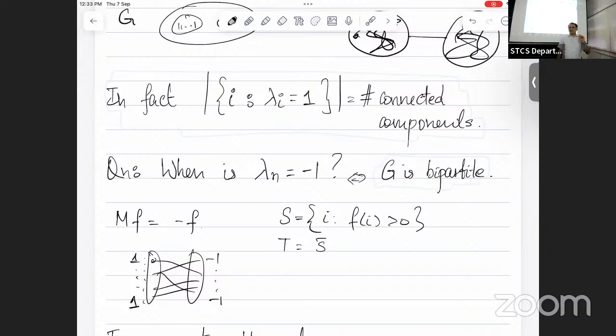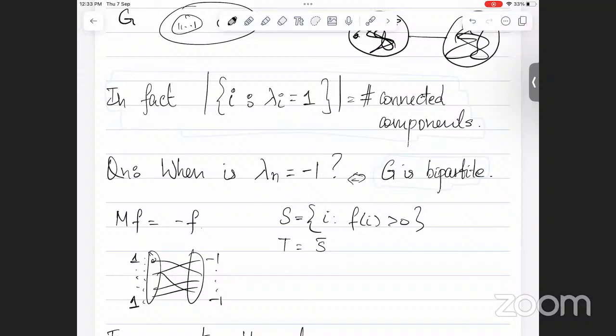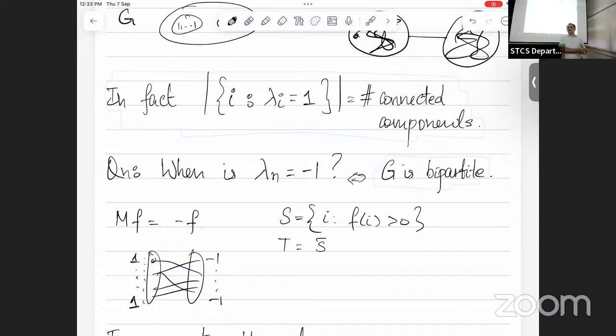In fact, there's a stronger statement that is also true, which is how many different lambda i's can be -1? For example, if the last 4 turn out to be -1, what does that mean? It actually turns out that it is 5-partite in that case.